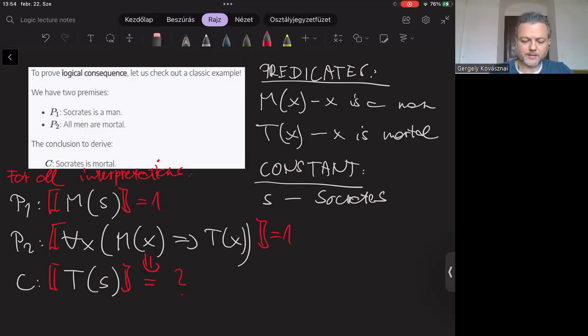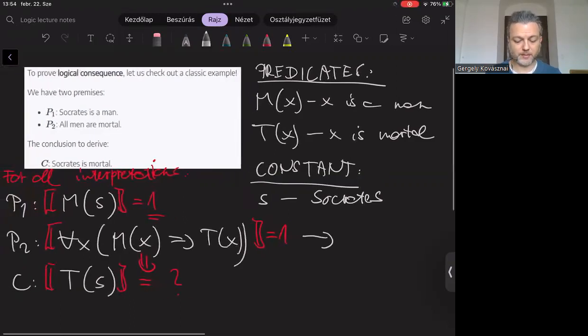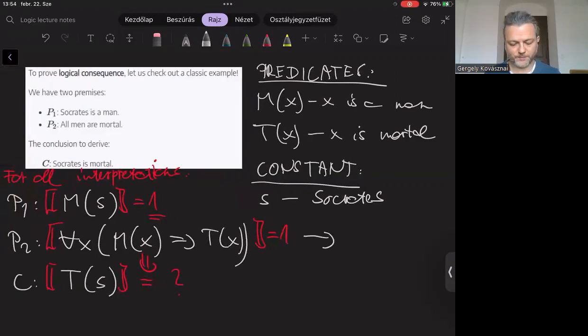And let's start with the first premise, since it is a must that this premise, M of S, must be 1. So what does it imply? We continue with the second premise here. So if this second premise is true, and it must be true, then what does it mean? It means that for all X, the scope of the quantifier, Mx implies Tx, must be true.